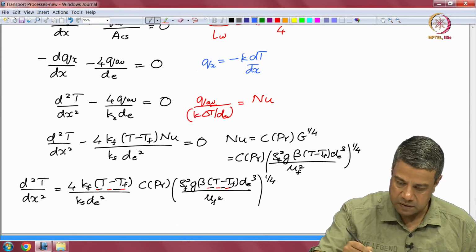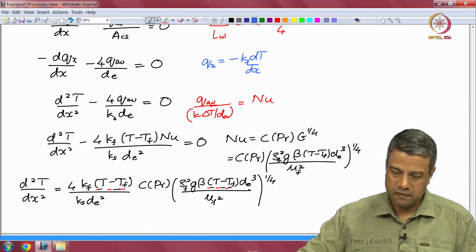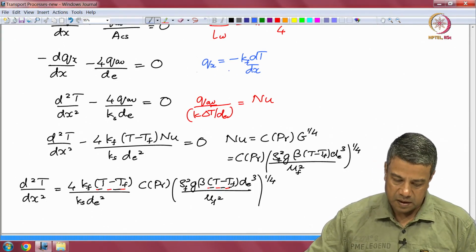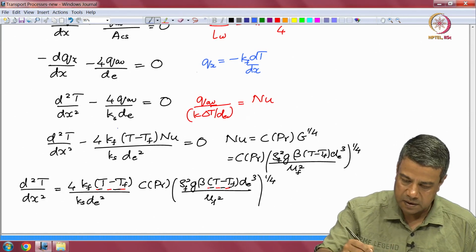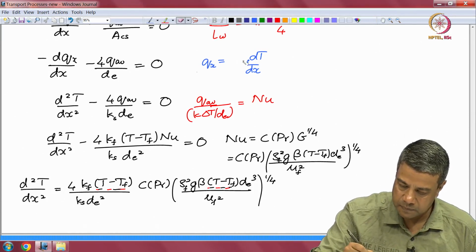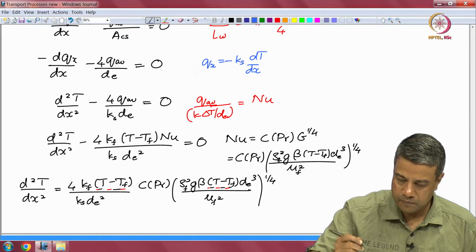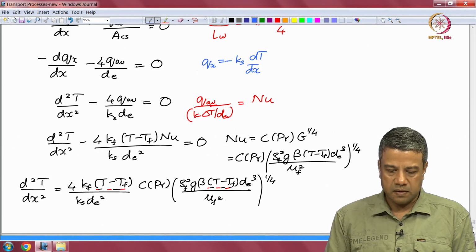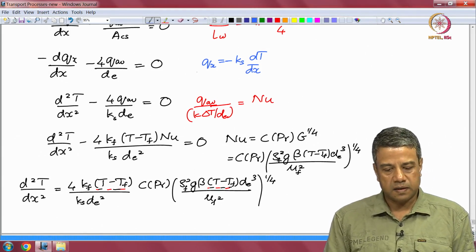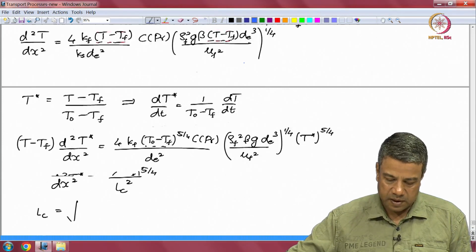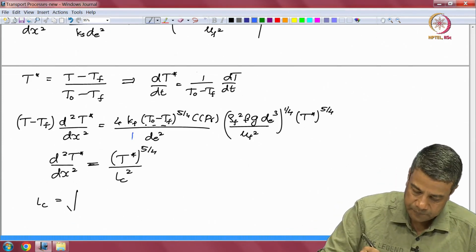Because I have used the relation Kf into dT by dx here for the flux, and there is this factor of K here, minus Ks into dT by dx. So that factor of Ks comes down, and I have to divide throughout by Ks everywhere.